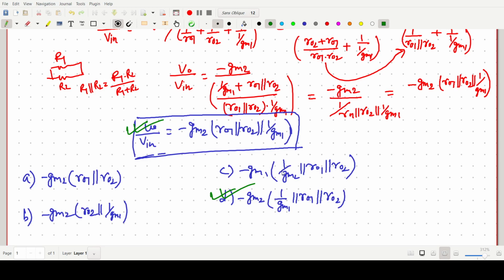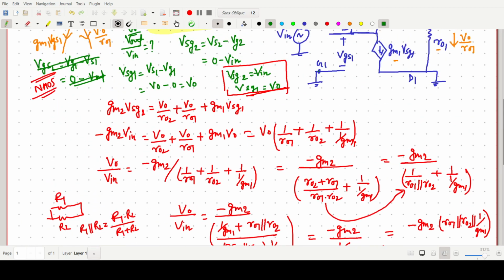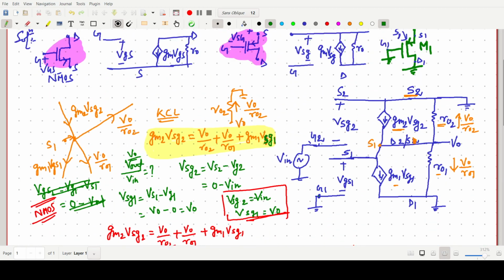So this one is the gain calculation for this two PMOS circuit. For that we have to know the small signal model of the circuit first.